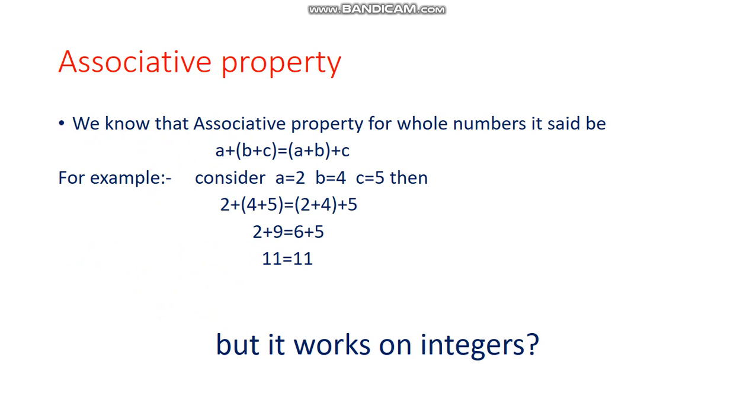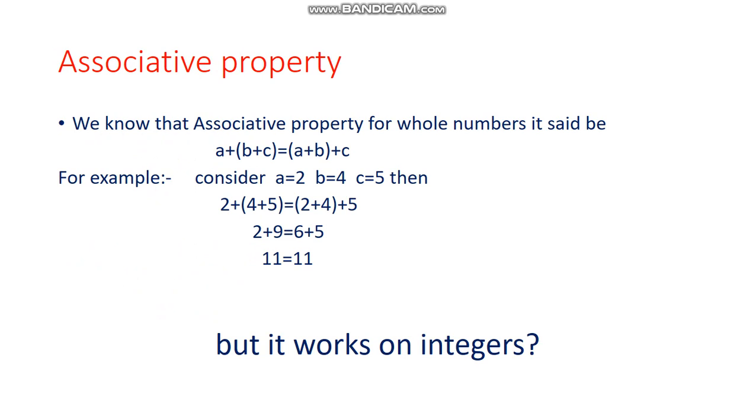Next we move on to associative property under addition. Again I tell you, it is only under addition. We know that associative property we can deal with in whole numbers.